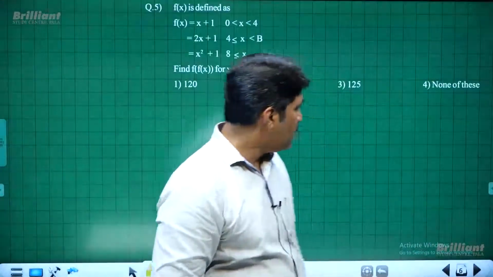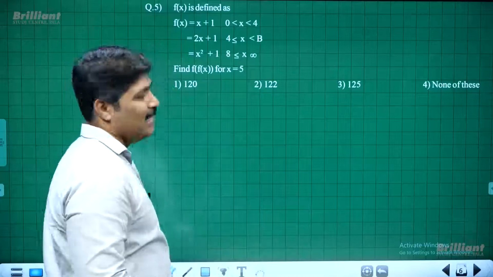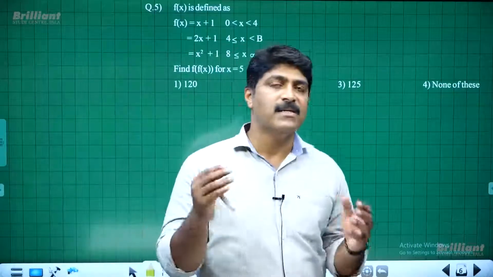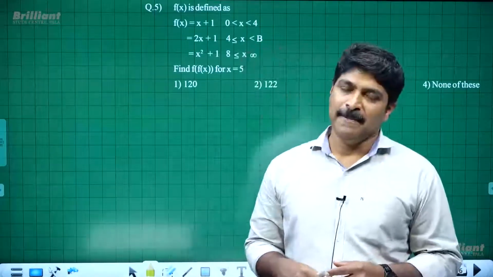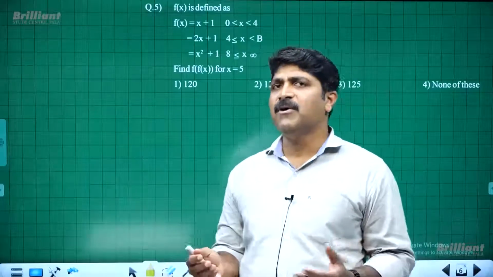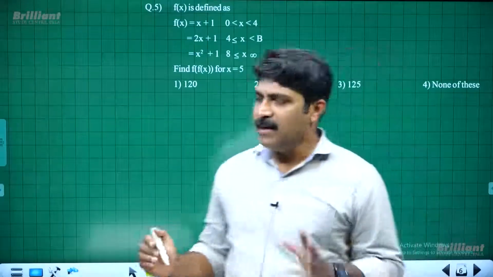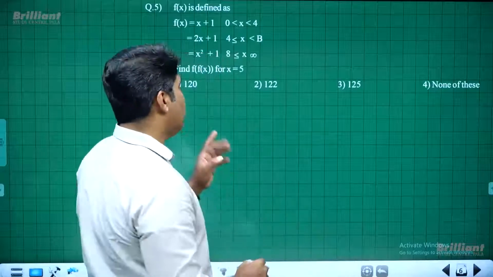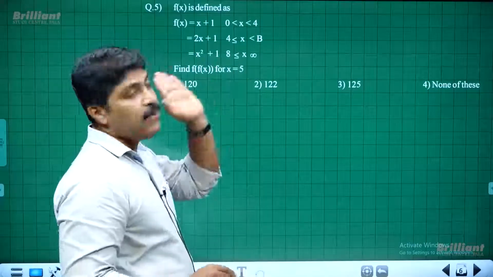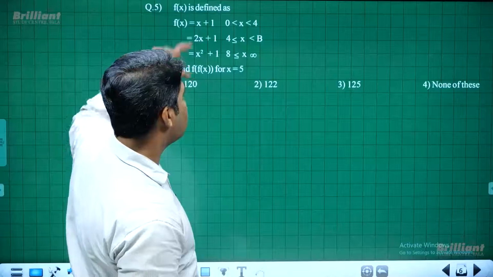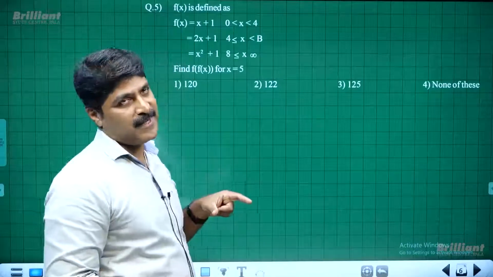Then move to the next question. Here, it's an interesting question. It's a question based on functions. Functions here acting in the form of operators. First understand, this depends upon the nature of the value of x. Here we have to consider 3 possibilities for this function.